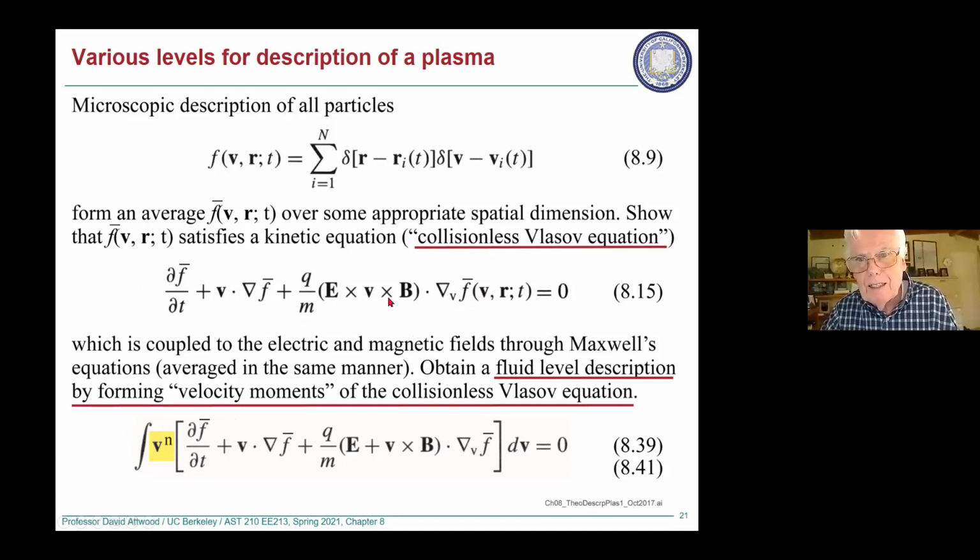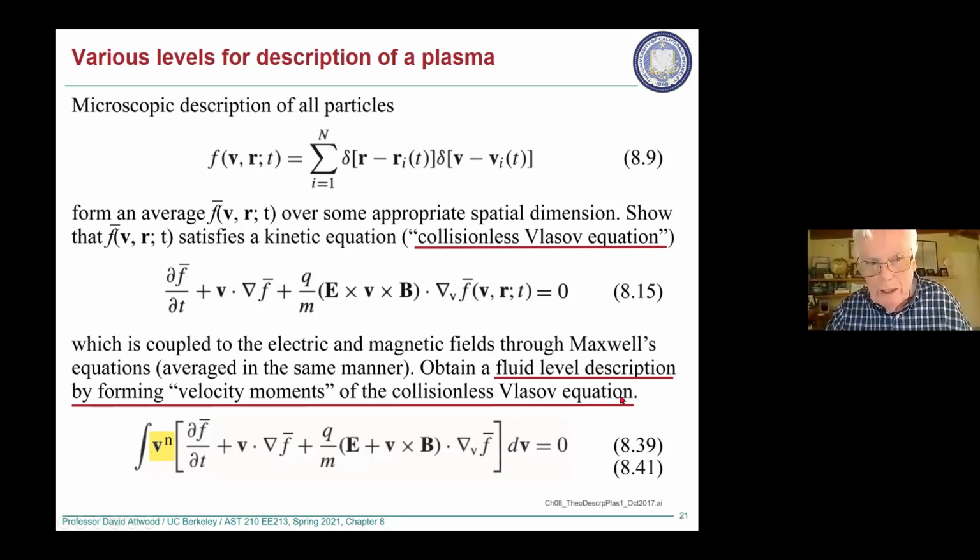If you then take this same equation and you multiply it and integrate by velocity, some vector velocity to some exponent, you'll get the fluid equation. So you could get the fluid equations by looking at those control volumes, which the nuclear, mechanical, and chemical engineers all learn about in their classes on either fluid or transport phenomena.